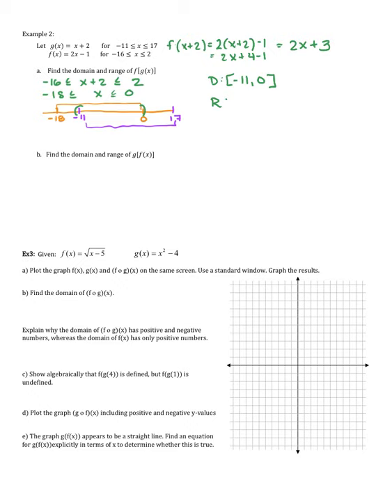And the corresponding range is what you plug into your composite function. So negative 22 plus 3 gives me negative 19, and plugging in 0 gives me 3, so my range is from negative 19 to 3. And again, that's plugging it into your composite function.